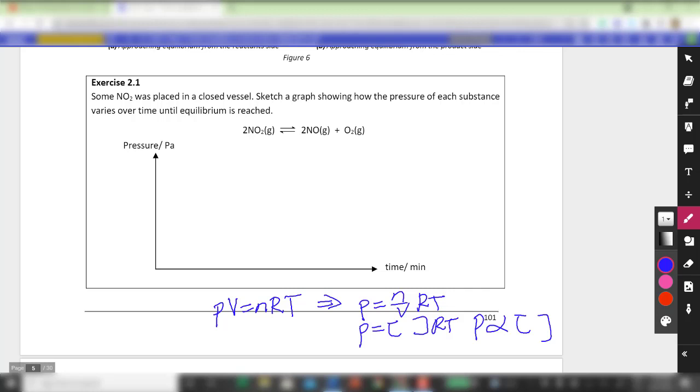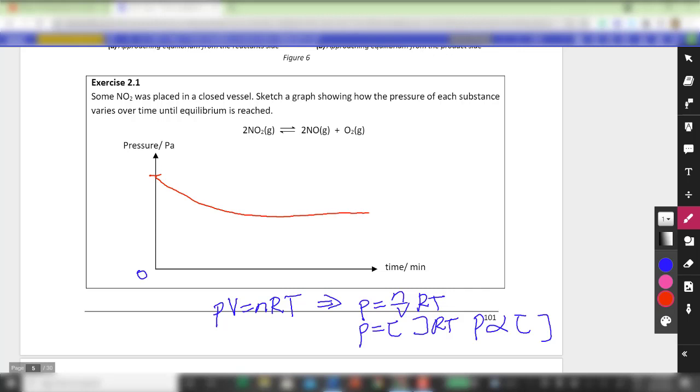Okay, so how should we draw the graph? First of all, we need to define what we have here. We have NO2, and NO2 should start from a maximum amount. So maybe we'll start off from a certain amount here, and then when it decomposes, let's say it drops by a bit, and then equilibrium is established maybe somewhere in the middle.